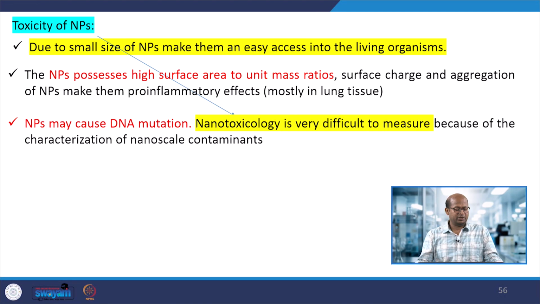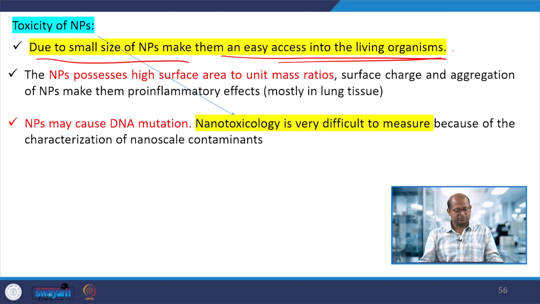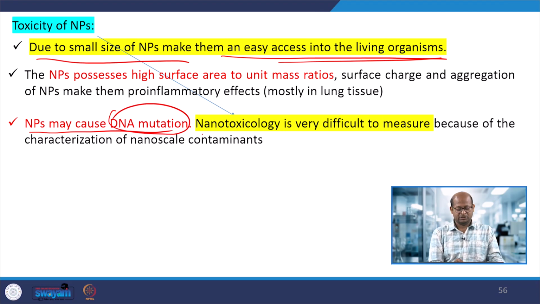And I said nanomaterials have a very high surface area, surface to volume ratio. So the surface area is extremely good, and therefore these materials can be used for wastewater treatment. However, due to the small size of nanoparticles, they can easily enter living organisms. When nanoparticles come into the human body, they can cause DNA mutations.